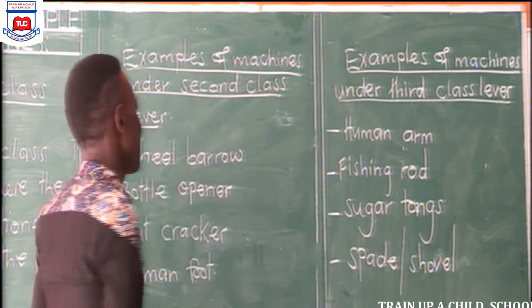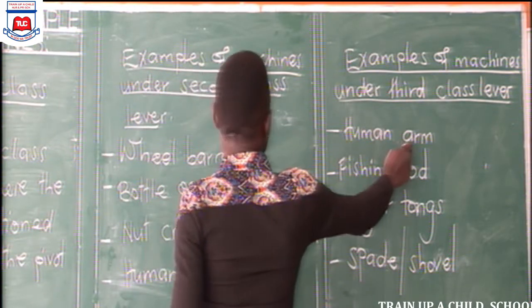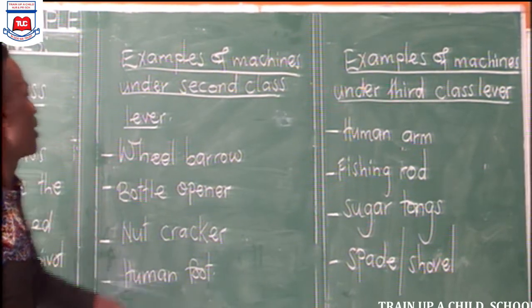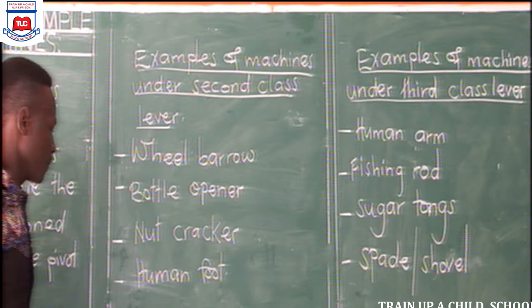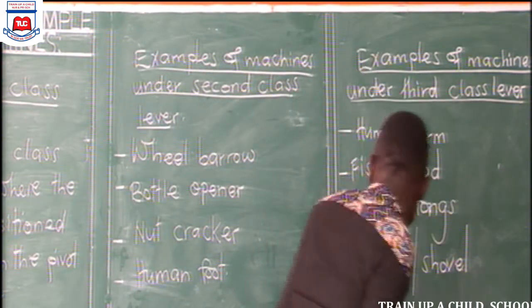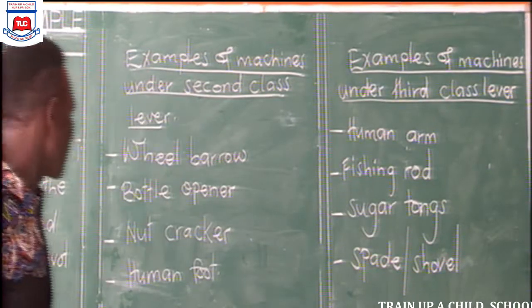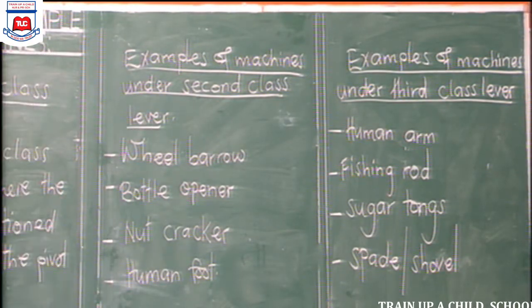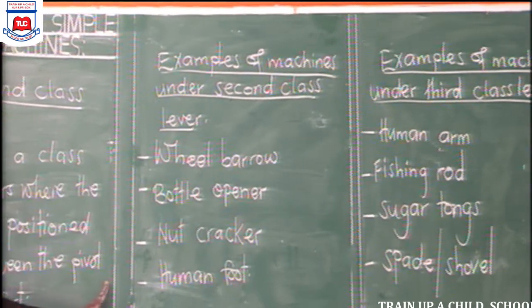Now there's a difference between the human arm and the human foot. The human foot is under the second class levers, whereas the human arm is under third class lever. The difference is, with the human foot, you find the load in between the fulcrum and the effort.